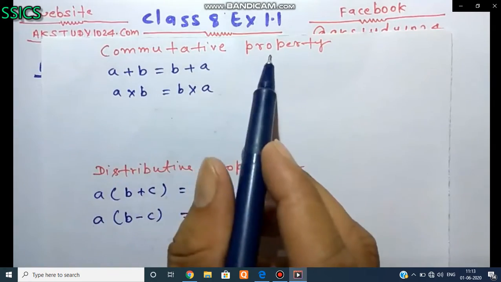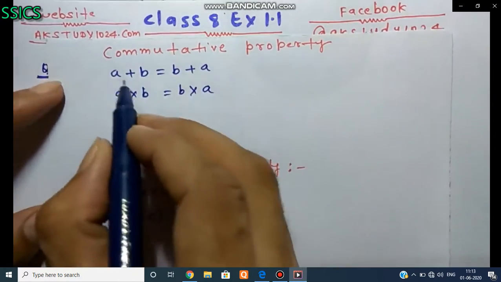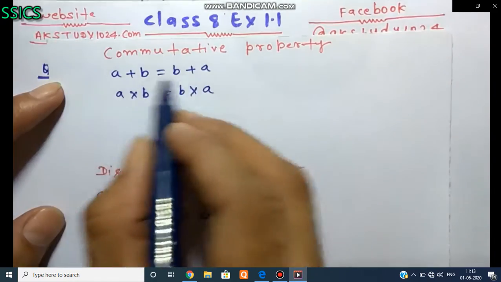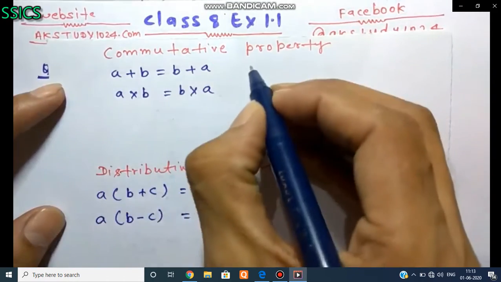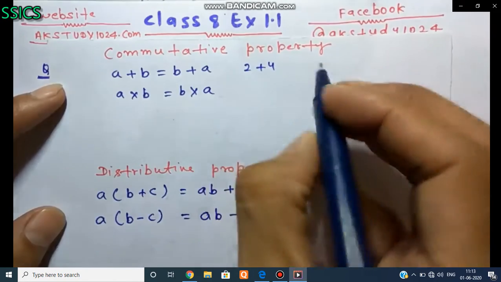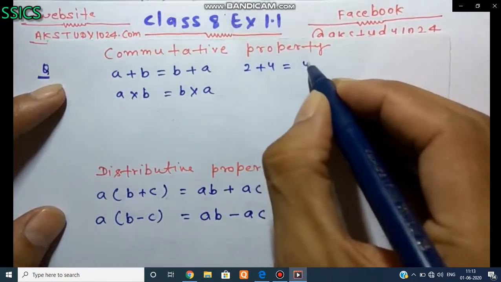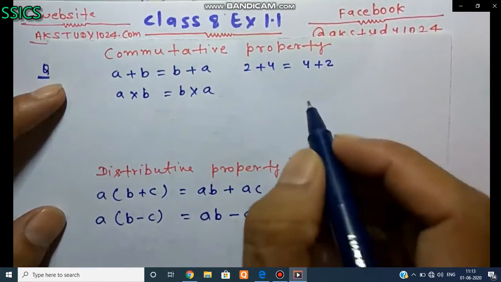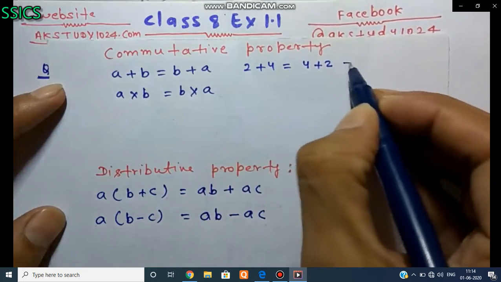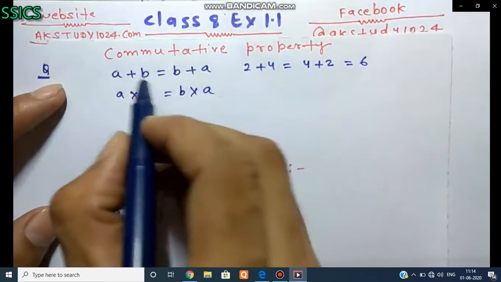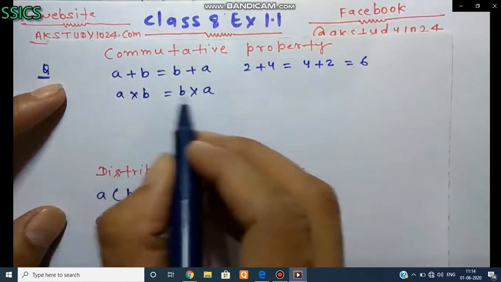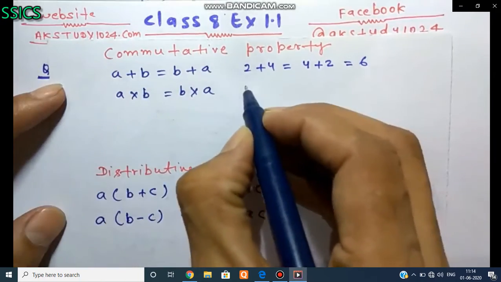Let's recall: the commutative property is a plus b is equal to b plus a. For example, 2 plus 4 is equal to 4 plus 2, and the answer is 6 on both LHS and RHS, so it satisfies the commutative property.